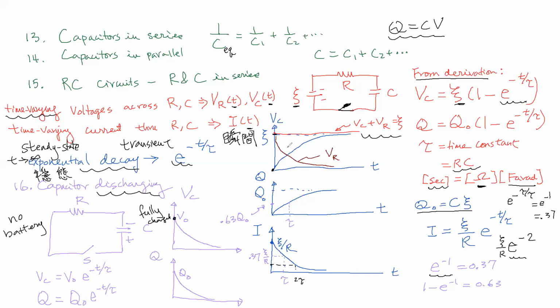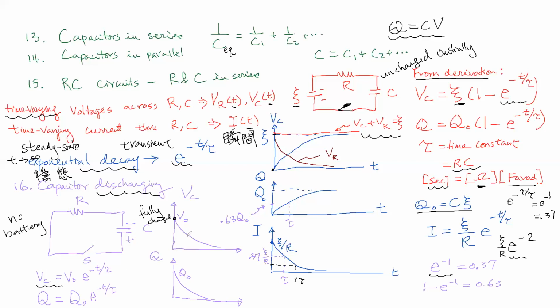Instead of, in the charging case, where it started with 0, meaning that it was initially uncharged. And this one is initially fully charged. So then it will decay exponentially like that, okay?